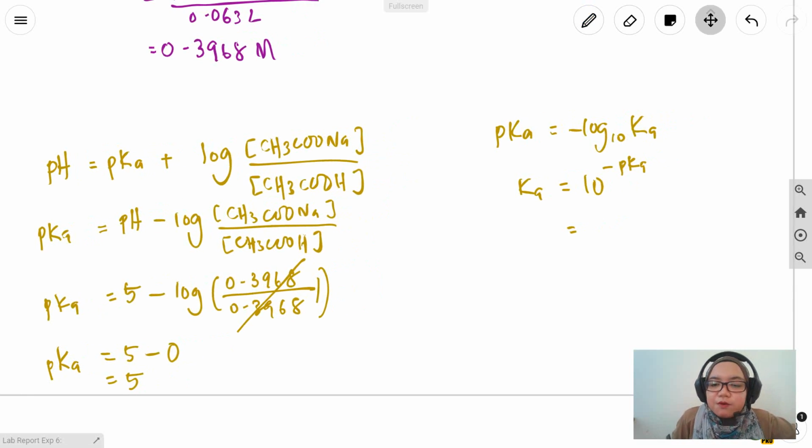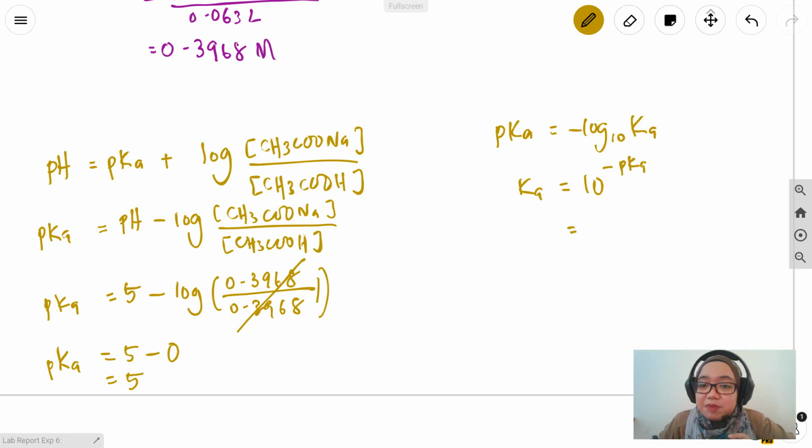We know that pKa is equal to negative log 10 Ka. So Ka is equal to 10 to the power of negative pKa. We transfer the negative into the pKa, so it becomes negative pKa like we did just now.